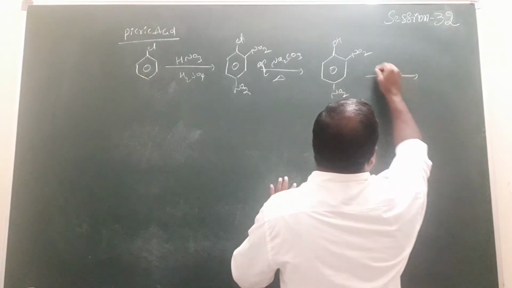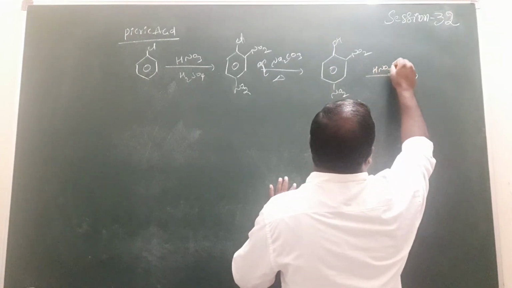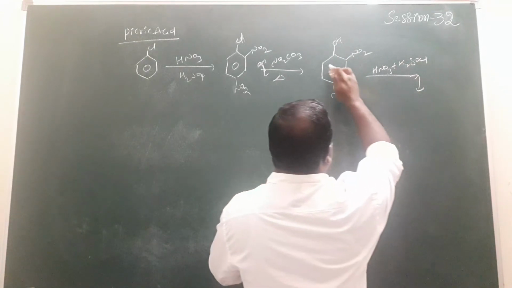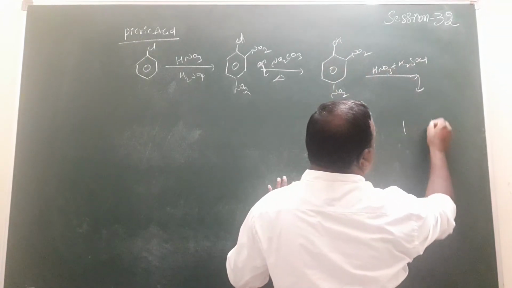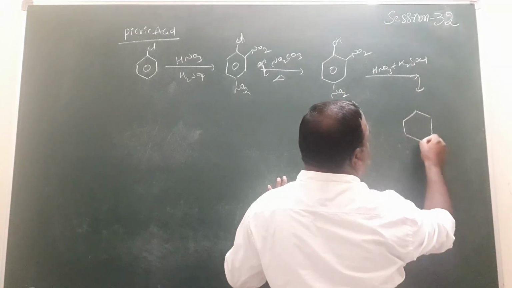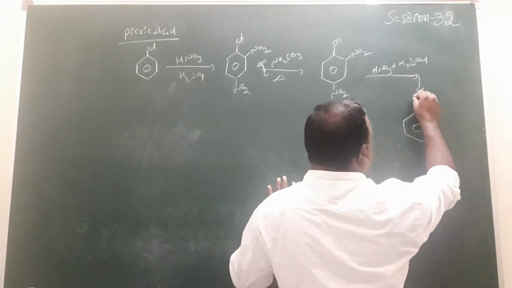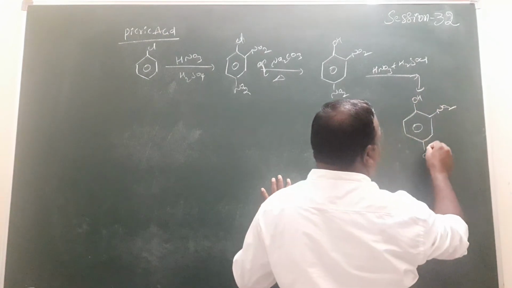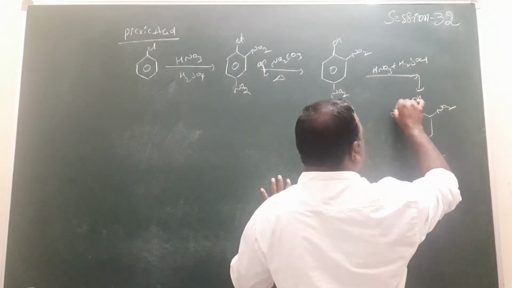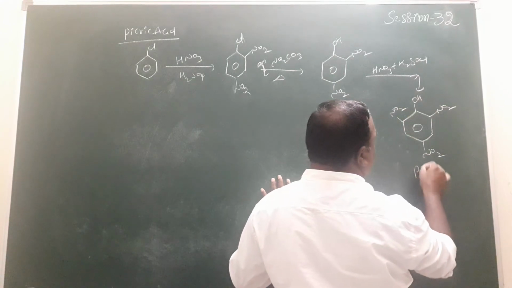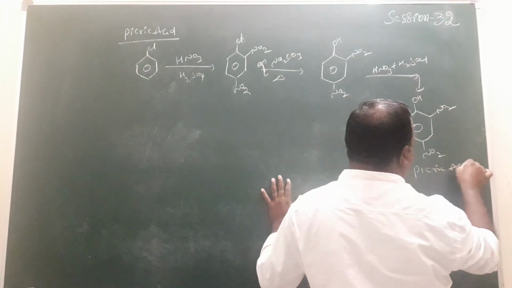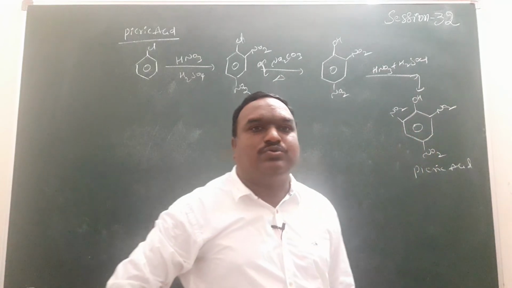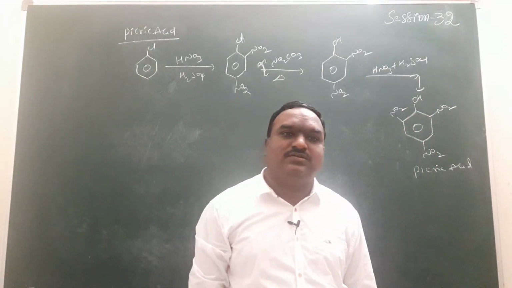Again HNO3 plus H2SO4 is given. Only one vacant position is there. That ortho position H plus is substituted by the NO2 group. Then we form picric acid. This is the way to write picric acid here.